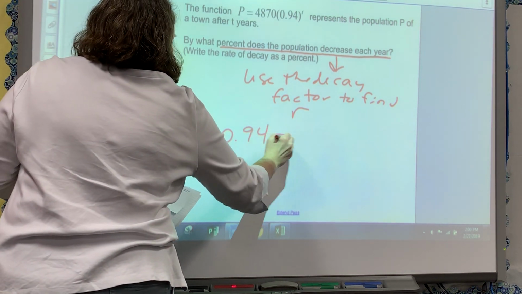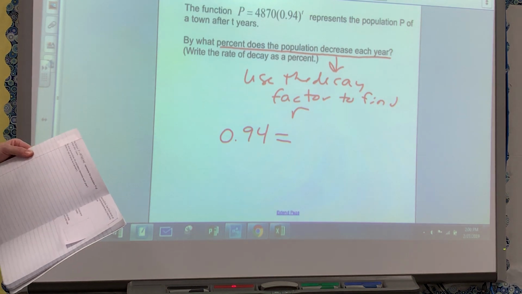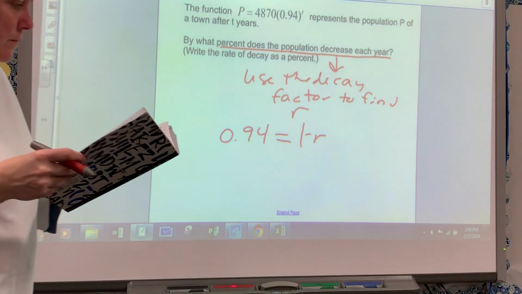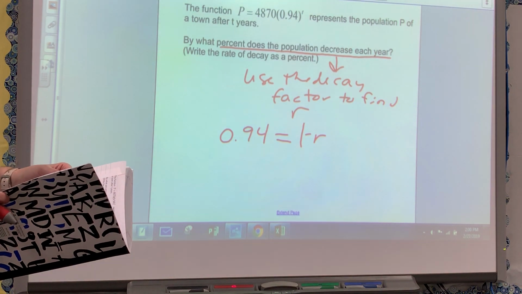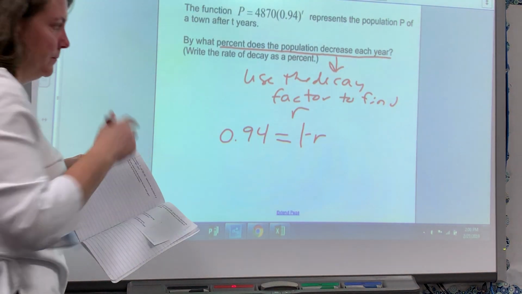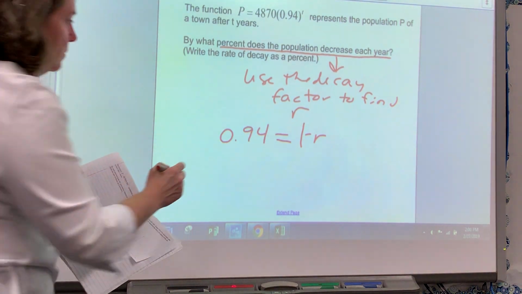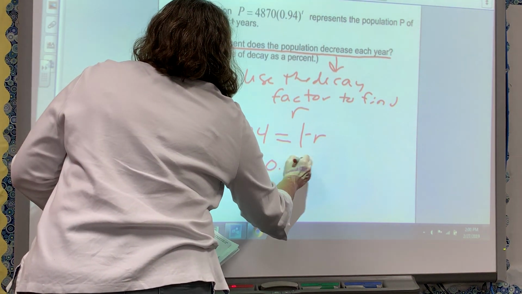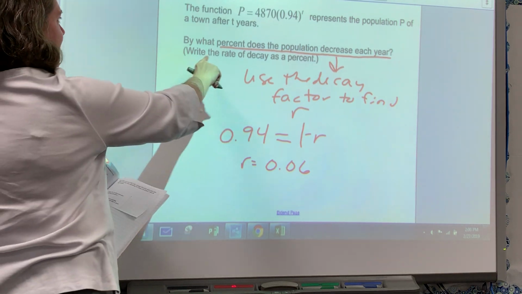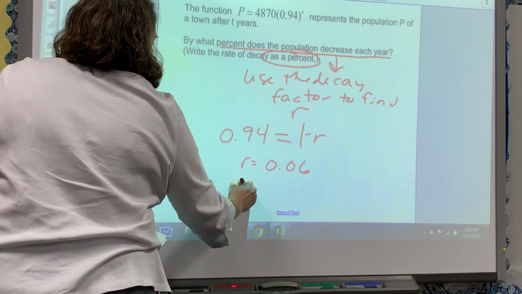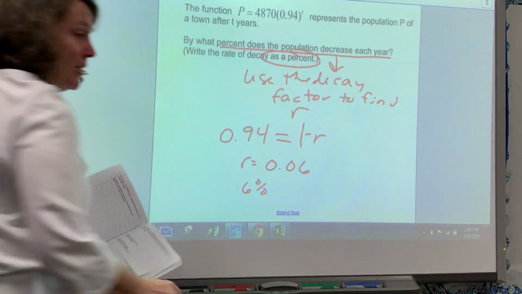So we have to set that equal to 1 minus R. Very good. What is R? 0.06. And that is it as a decimal. They're asking it as a percent. So the rate of decay is? 6%. Good job.